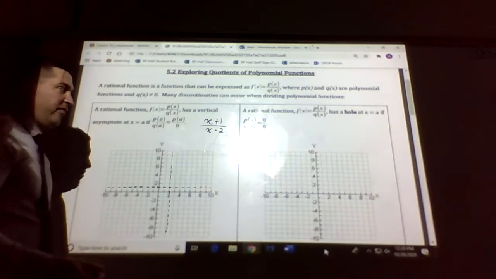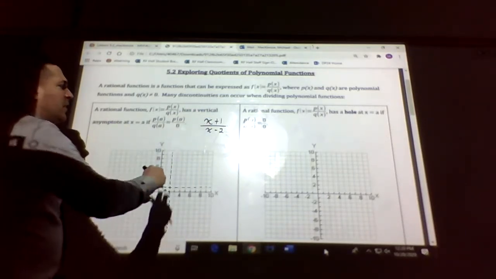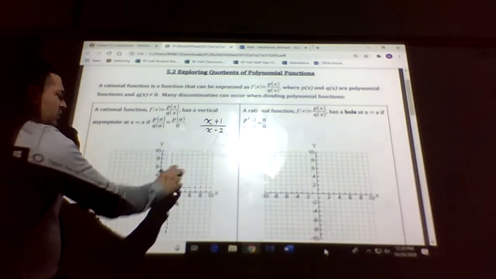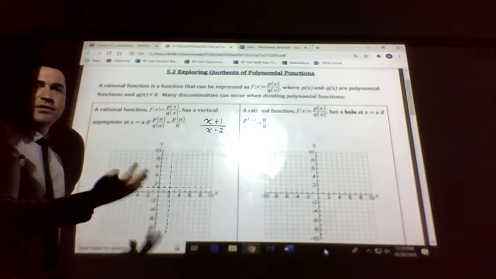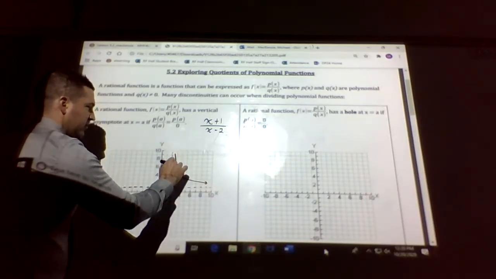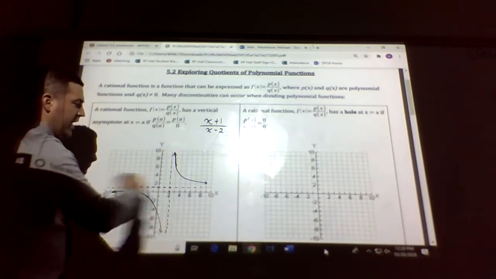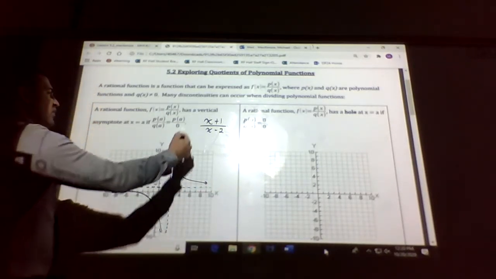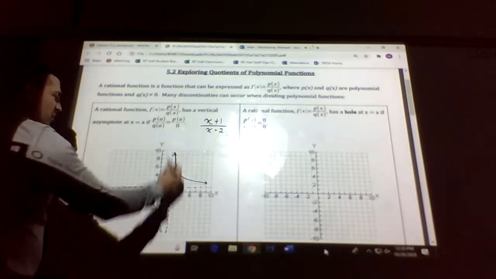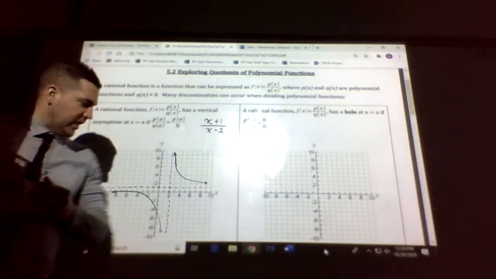Since it is kind of like a reciprocal function, but it's a rational function, the graph could be in the opposite quadrants or in these two here. Just to graph something, I'm just going to put it here for now. I don't know if that's the answer for this example, but I want to use this example for the asymptotes. So if we can make the denominator 0, we have the vertical asymptote here. Okay, next one.